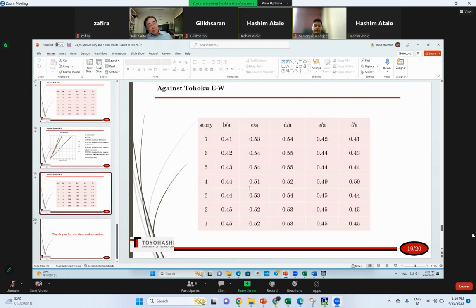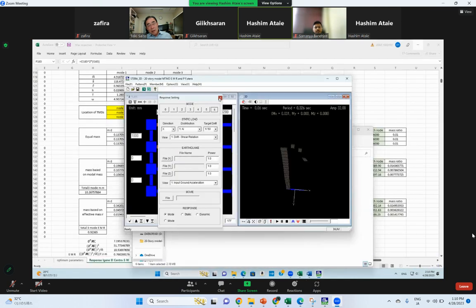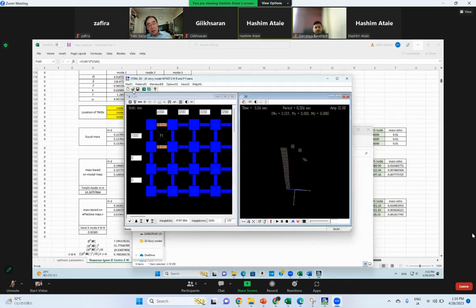But here, the difference is about 9% or 10% compared to equal mass. And that can also be, I don't know if it was in the brain model.